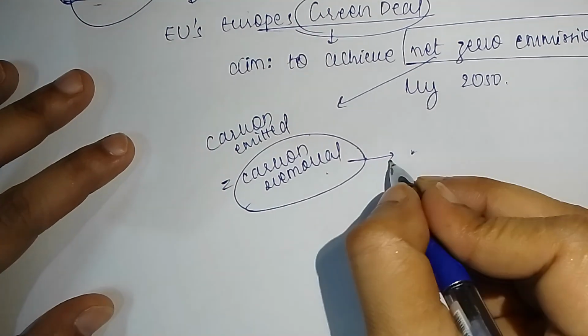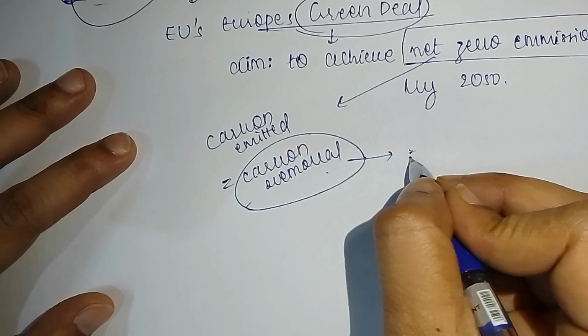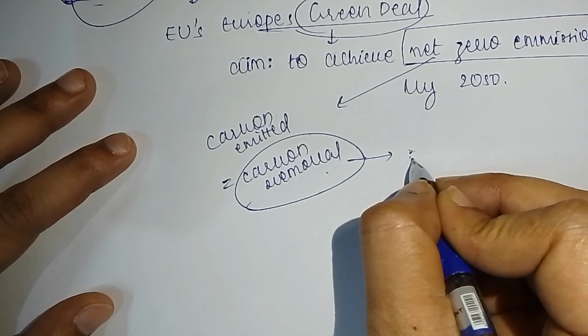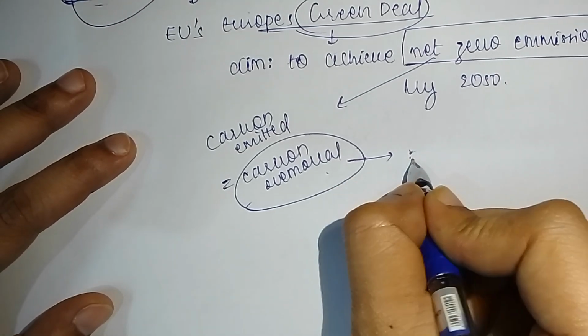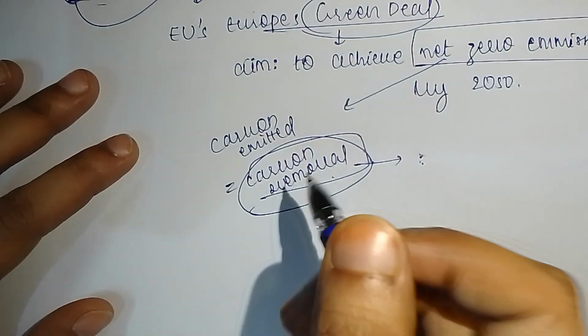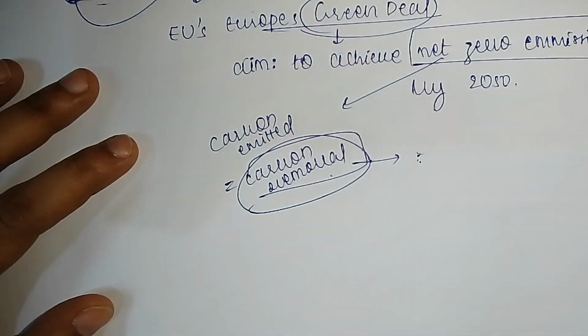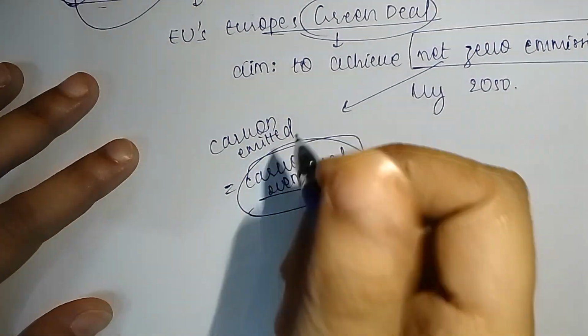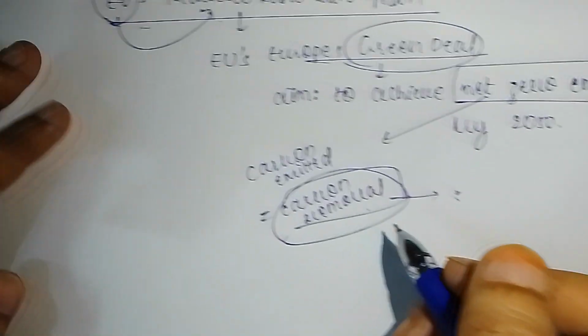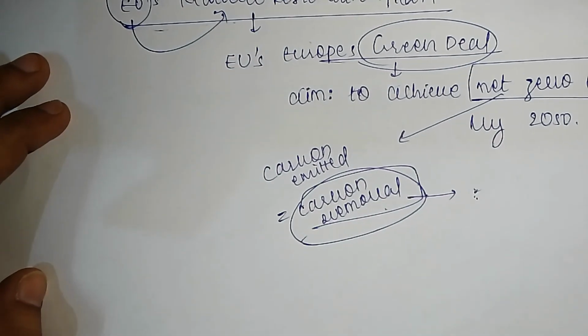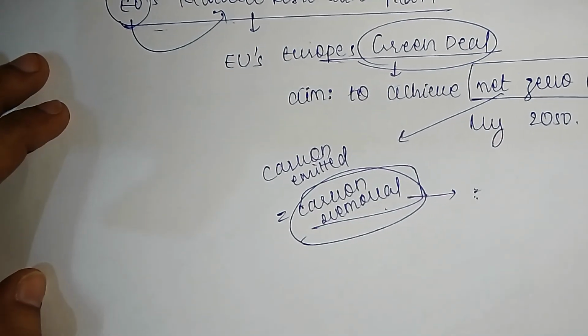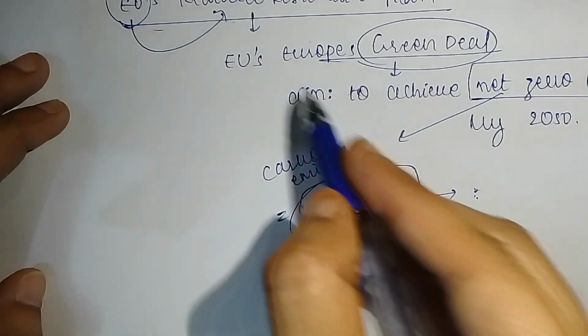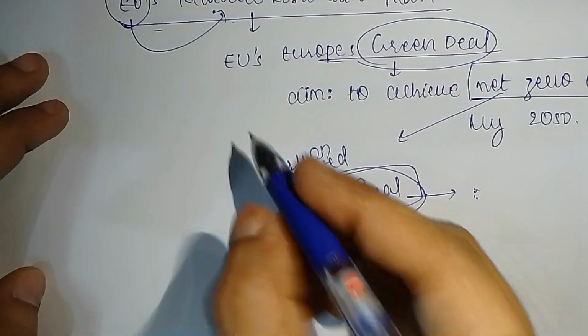Usually for carbon removal, the focus is on afforestation, reforestation and soil carbon sequestration, in order to compensate for the carbon emitted. It has to be removed, right? So this Nature Restoration Plan is a part of Europe's Green Deal, okay?